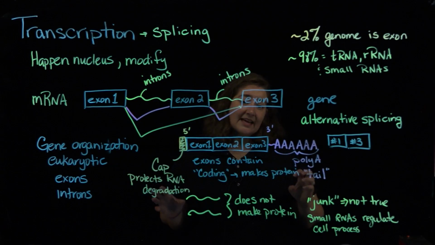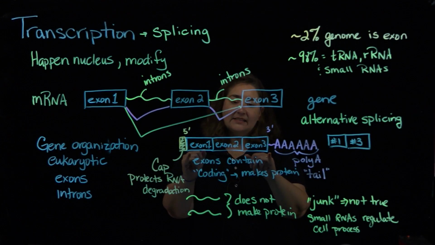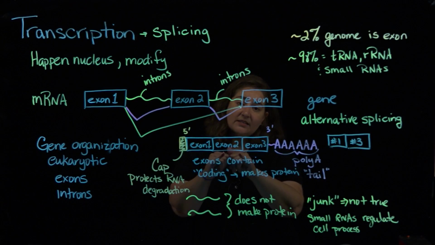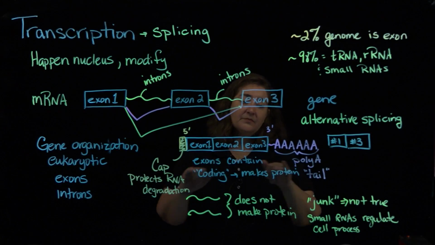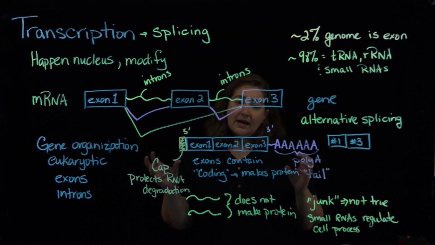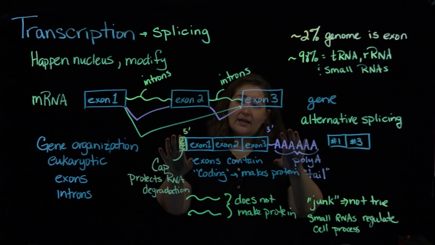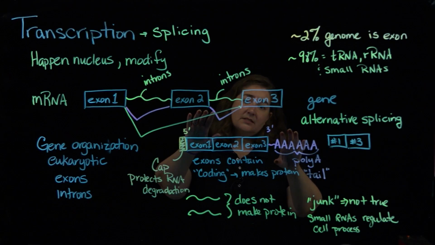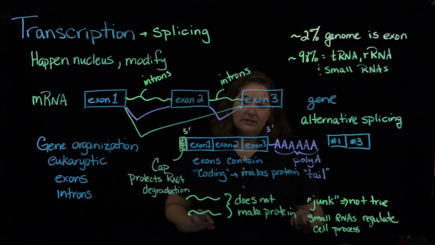Both sequences kind of act to protect the exons in there because you don't want to lose any nucleotides in your exons because then you won't get the right protein made, okay? So the poly-A tail and the cap, those are going to act to protect it. Those are also added to the RNA after it's been spliced, but before it leaves the nucleus.